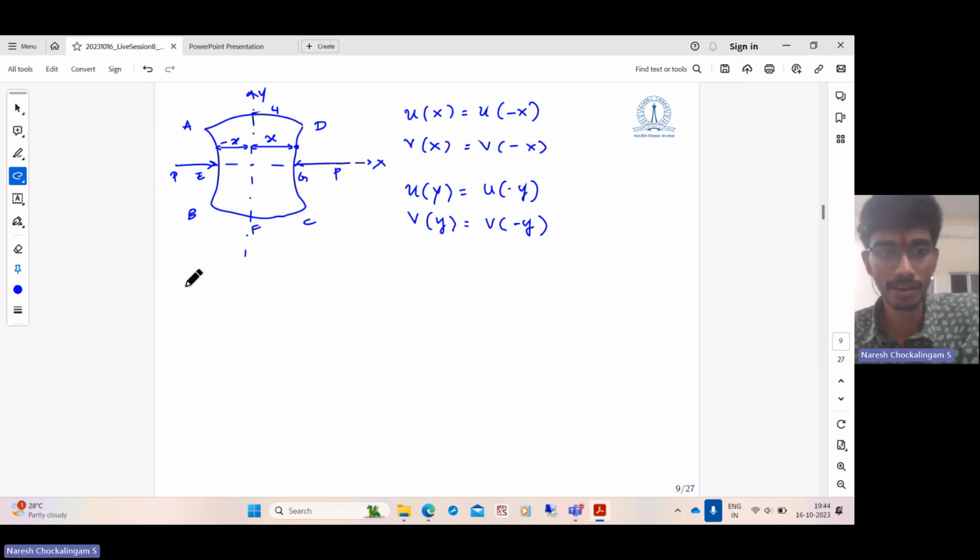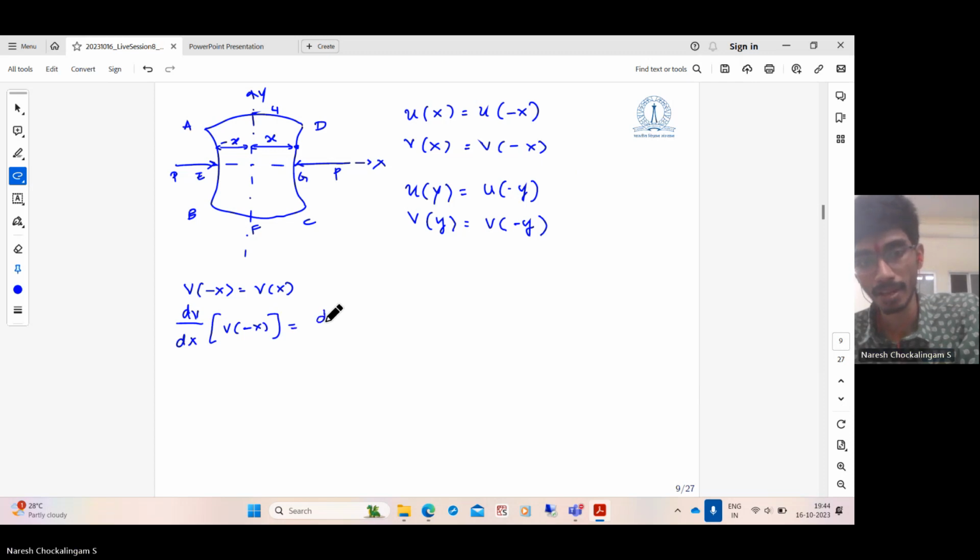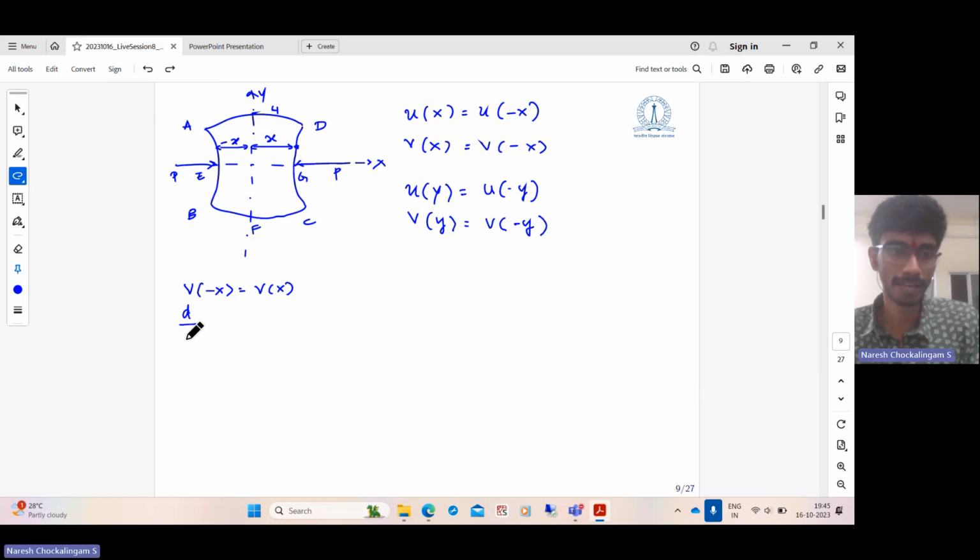So let us say V of minus x is equal to V of x. Differentiating on both sides, d by dx of V of minus x is equal to d by dx of V of x.